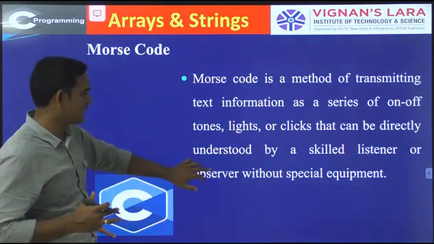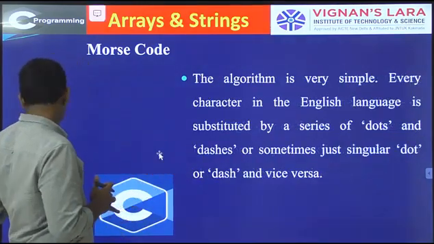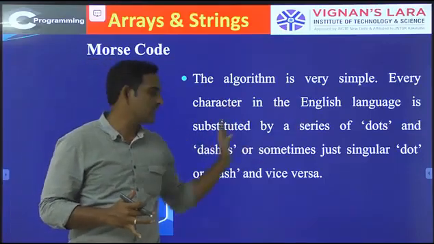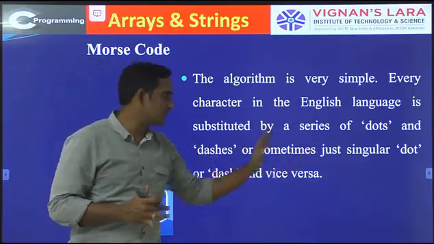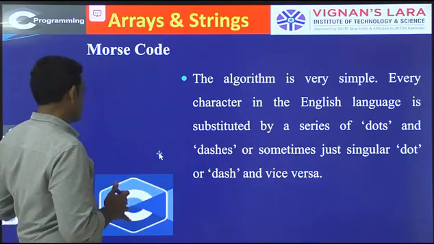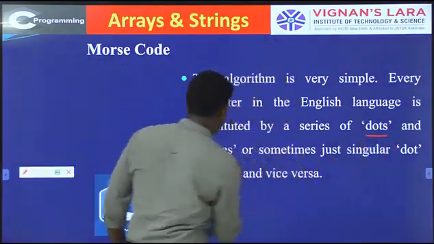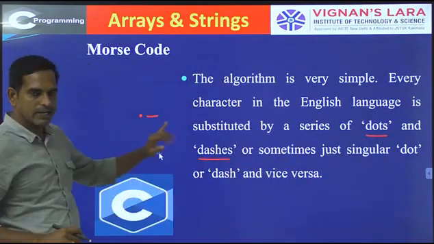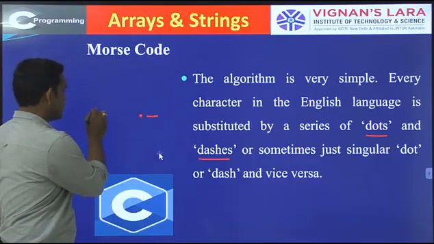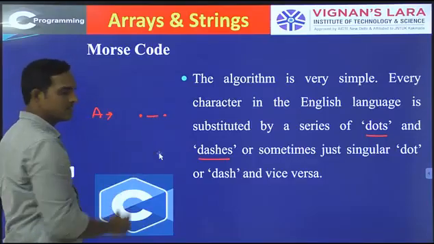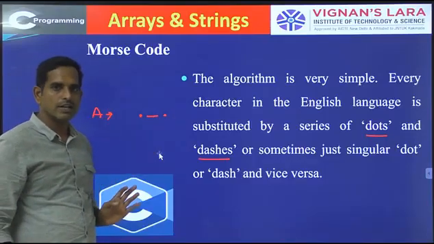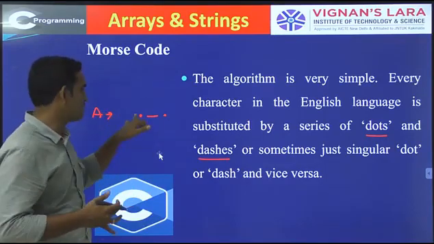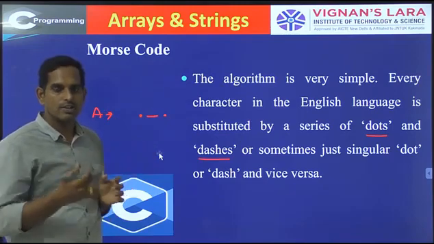You can better understand this with an example. The algorithm is very simple. Every character in the English language is substituted by a series of dots and dashes. For example, A is represented by dot dash dot. So whenever I am transmitting A, instead of the character A, I will transmit dot dash dot.